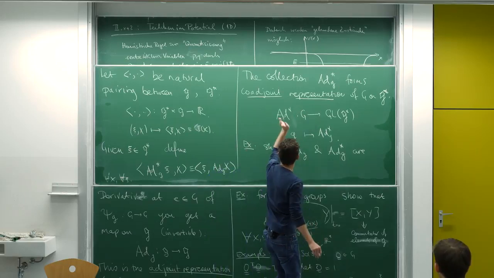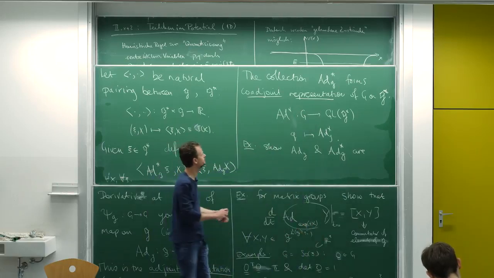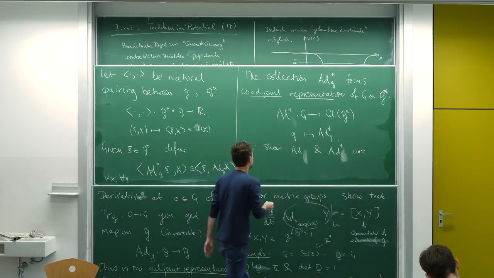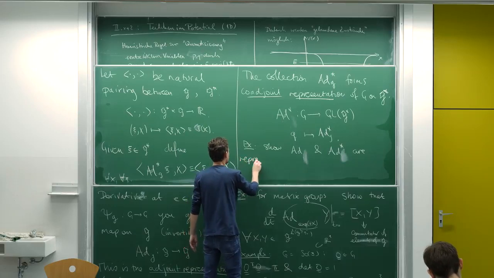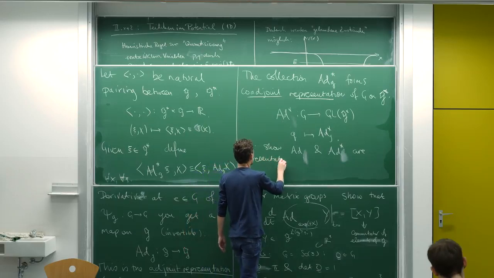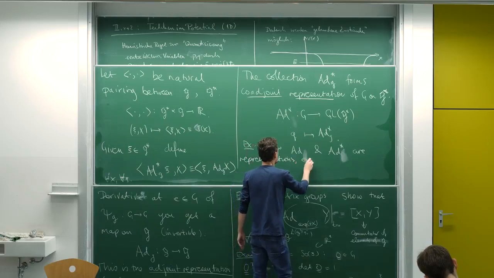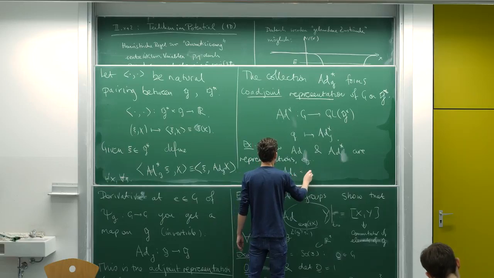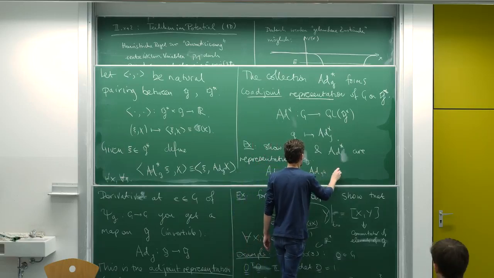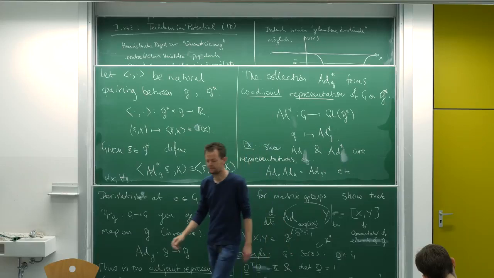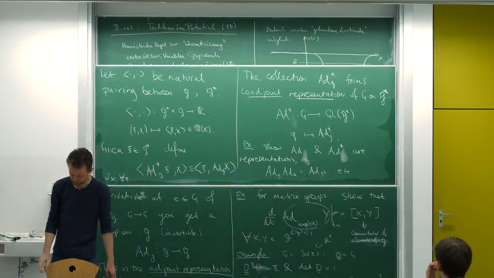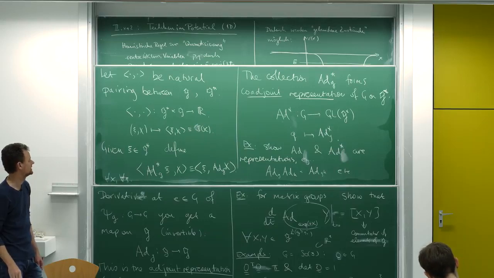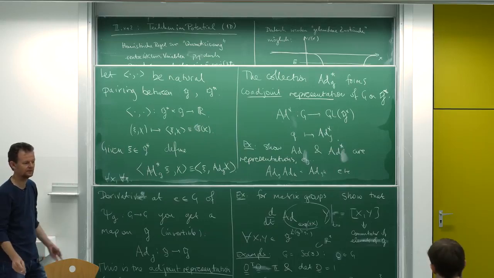It has to be Ad star without the g, that's right. So we want that they're representations, so that's your job. You have to show that they behave nicely under composition and under inverses as well.